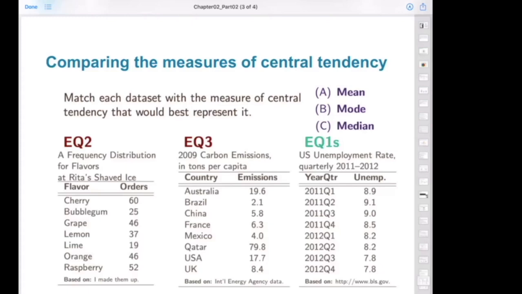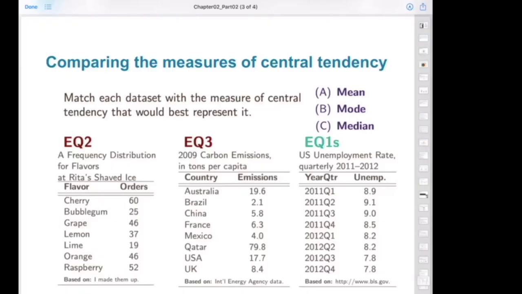For EQ1S, this distribution is talking about what? US unemployment rate. So it is quantitative or categorical? Quantitative, right? So again, we can choose between just the two measures, the mean or the median. Okay, so look at these numbers. We have 8.9, 9.1, 9, 8.5, 7.8.